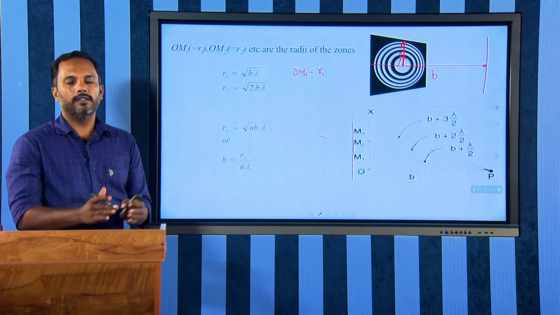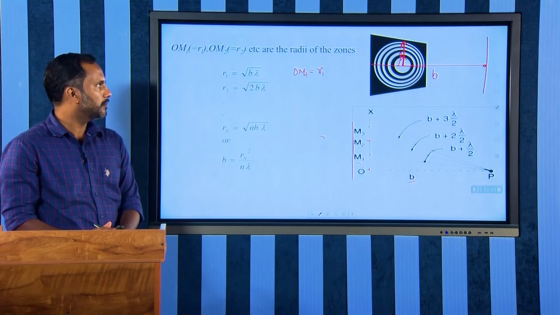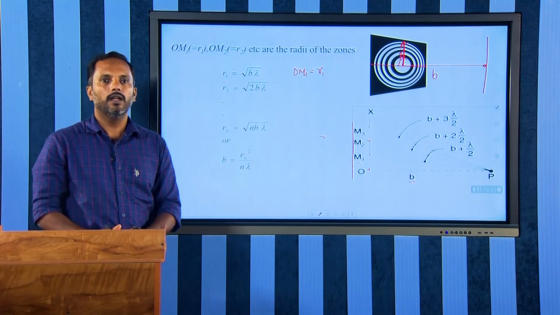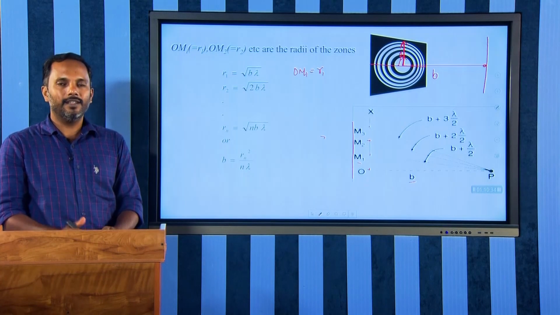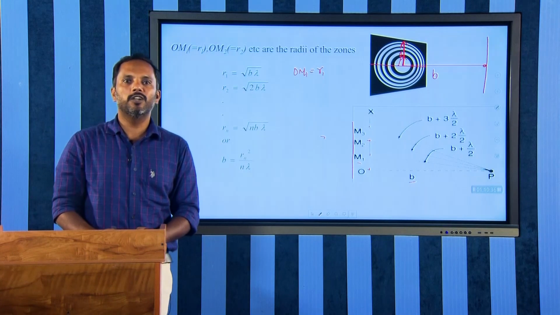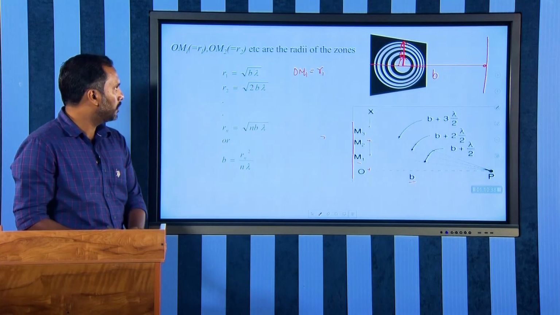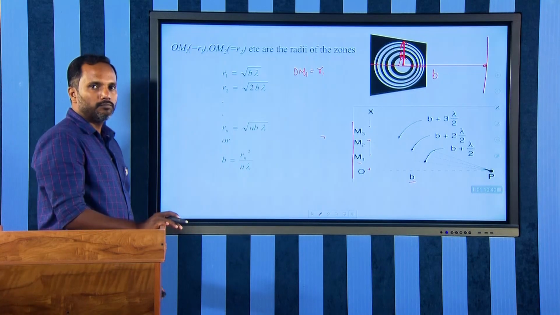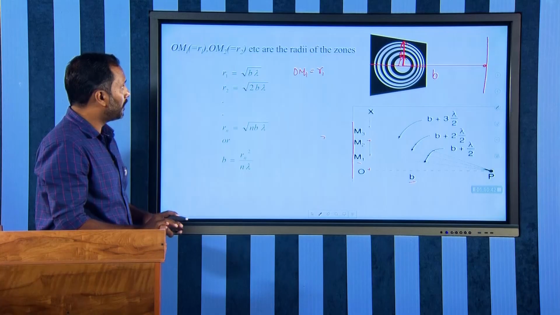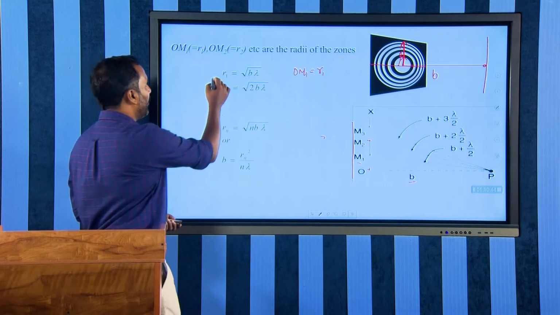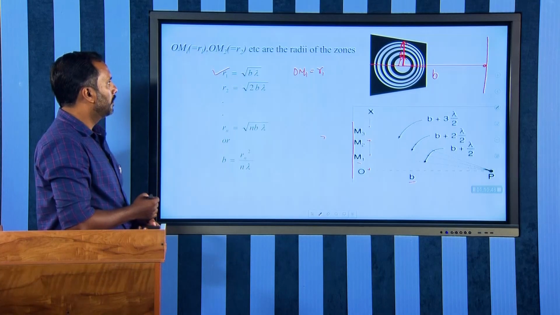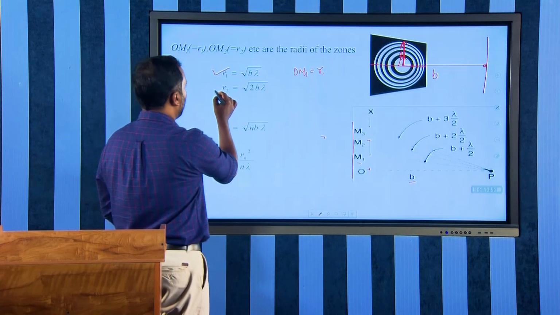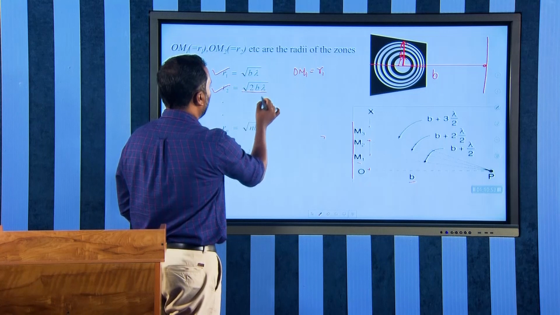And so on. These are the radii of the zones: R1, R2, R3, etc. As we have already discussed in the previous lectures, these radii are proportional to the square root of the natural numbers. Therefore, from the derivation of the last lecture, we know that R1 is equal to root b lambda, and R2 is root 2 b lambda.